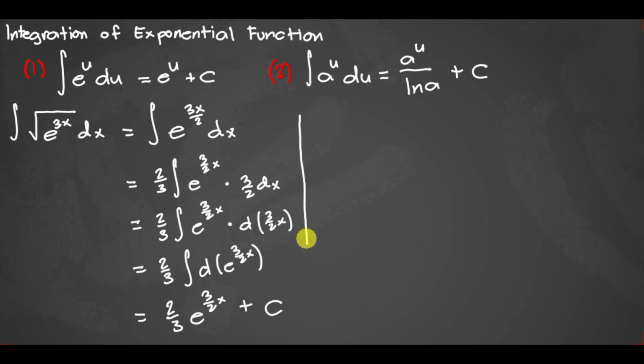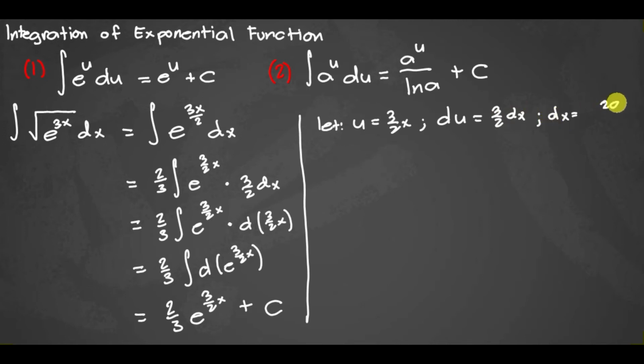By substitution method, we can let u be equivalent to 3/2 x, then taking the derivative of u, this will become du is equivalent to 3/2 dx. And our dx will equal 2 du over 3.